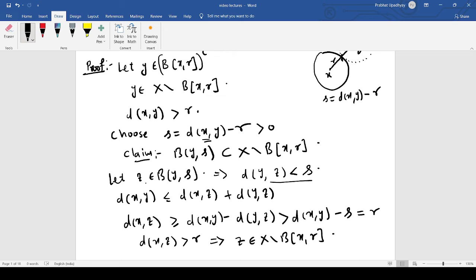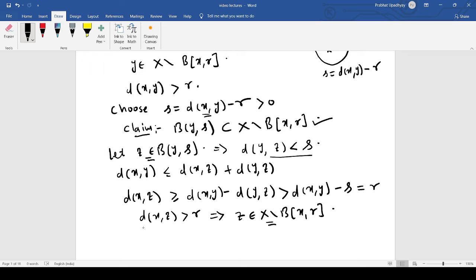Our z was an arbitrary element of the open ball B(y, s), and we managed to show that this z belongs to the complement of the closed ball, and this proves our claim that B(y, s) is a subset of the complement of closed ball B(x, r), and that will mean the complement of our closed ball is open, and that will imply our closed ball B(x, r) is a closed set. So we have proved any closed ball in a metric space is always a closed set.